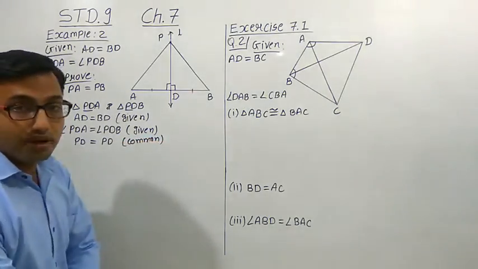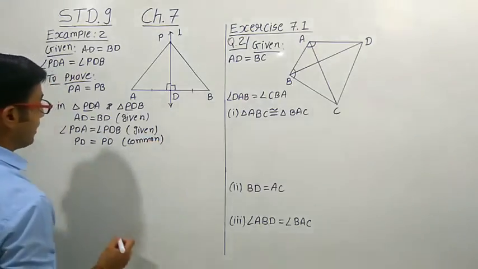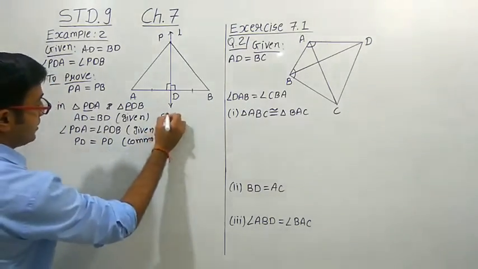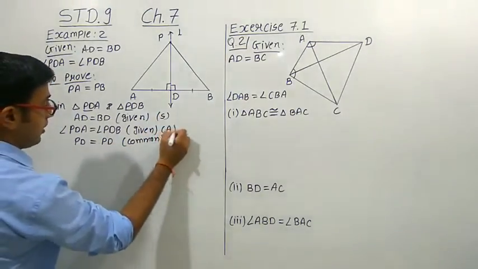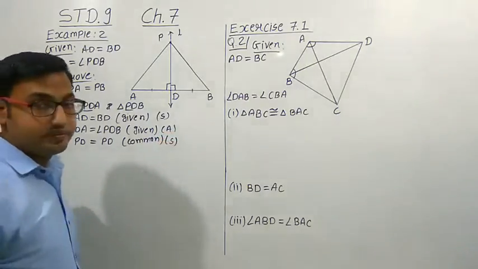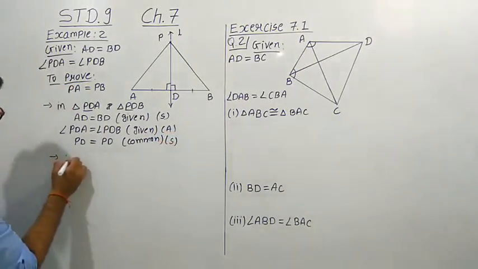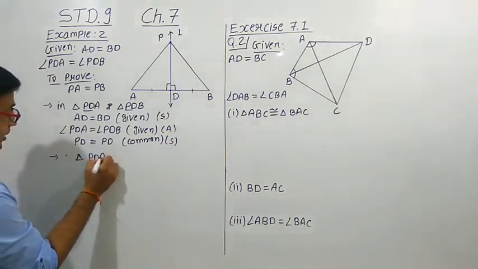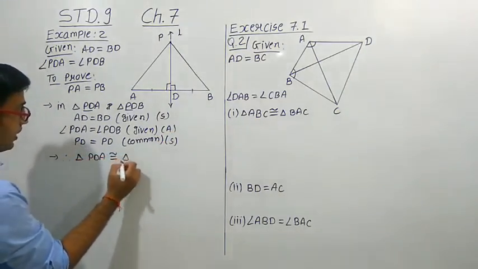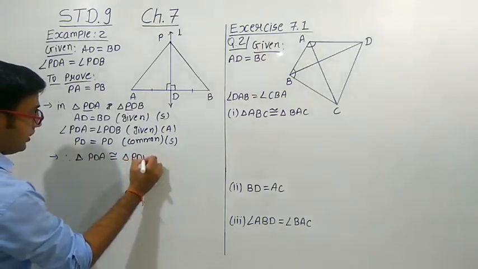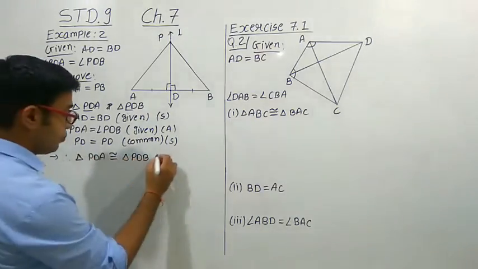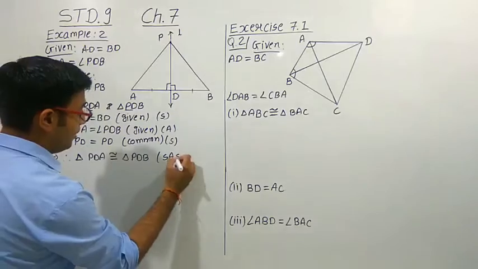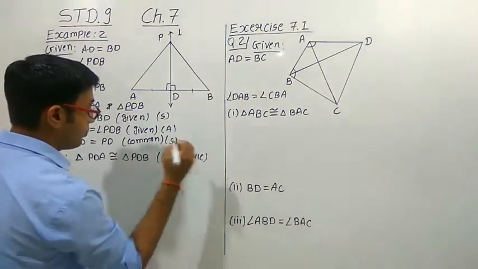This side is common in both triangles. So all three criteria are satisfied: this is the side, this is the angle, and this is the side. So here we can write that triangle PDA is congruent to triangle PDB by the side, angle, side rule.